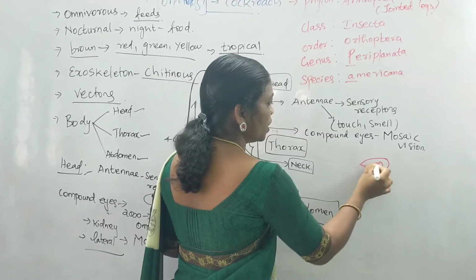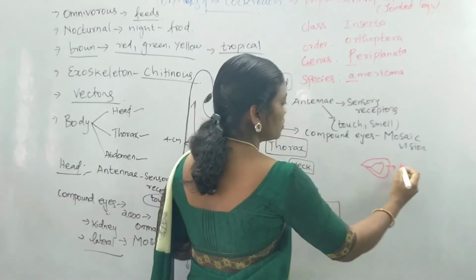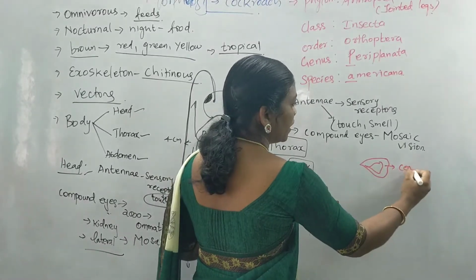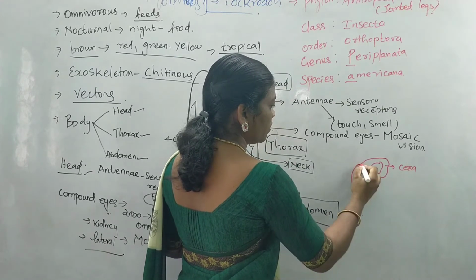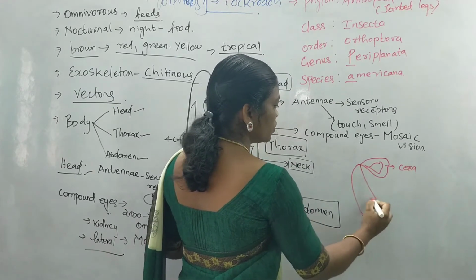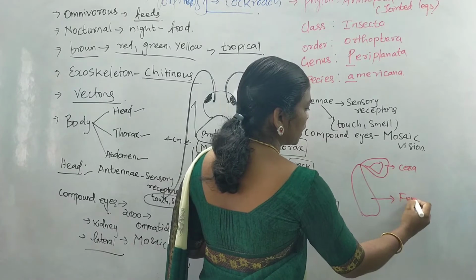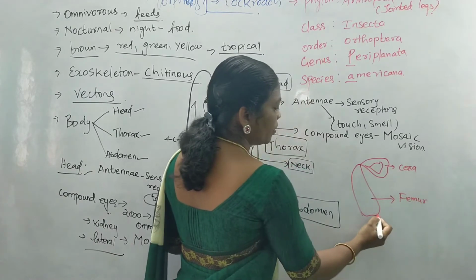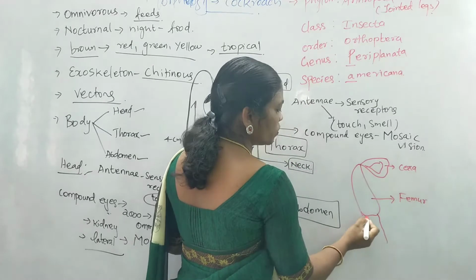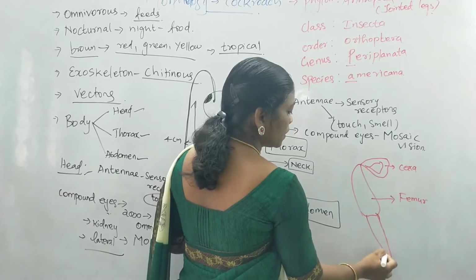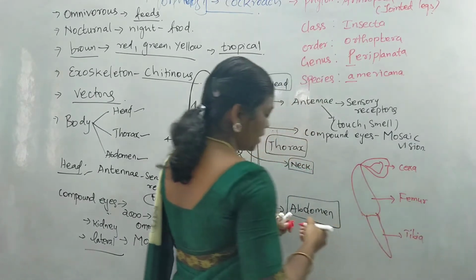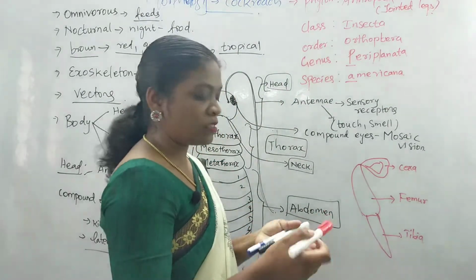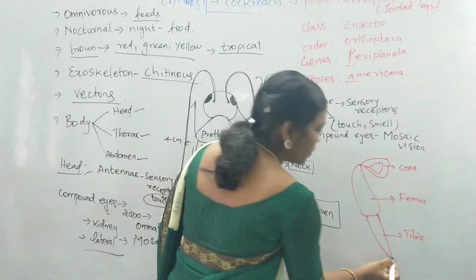It is the first segment of the leg of the cockroach, known as coxa. Followed by the coxa, you can find a somewhat longer structure known as the femur. Followed by the femur, you can find one more structure known as the tibia. The tibia has movable segments, five in number.